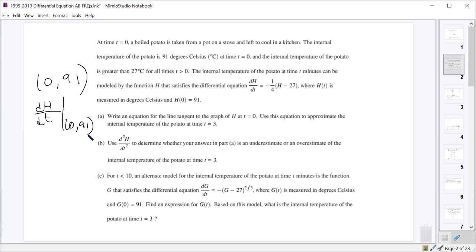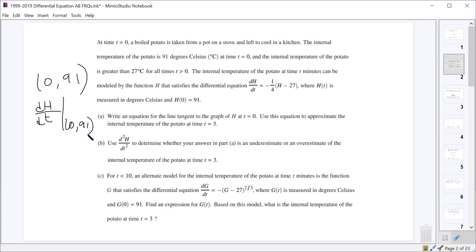So we need to evaluate dH/dt at (0, 91), just like we did with the other ones, right? Nothing really different here. So we plug in 91 for H. There's no t in there, so we don't have to worry about that. What's 91 minus 27? 64? Does that sound right? Yeah? Okay.